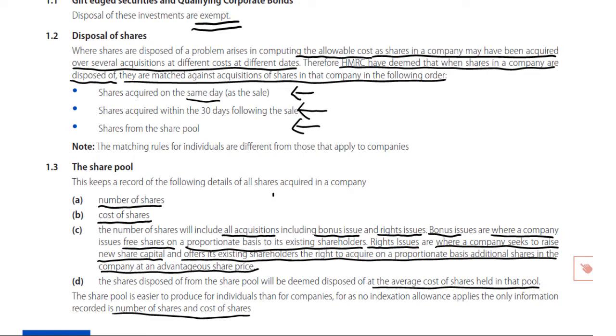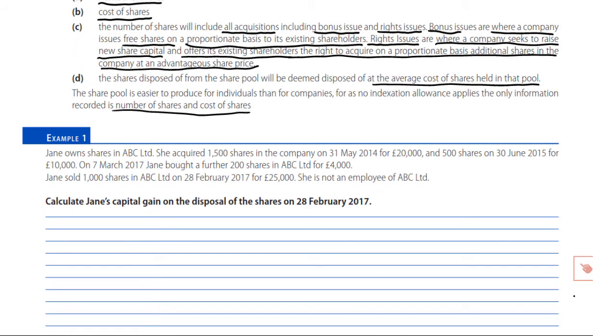Let's though look at a basic example, example 1, where they're asking us to calculate Jane's capital gain on the disposal of the shares in 2017. So we look at the way in which Jane has acquired shares over the time, from the very first acquisition through to this date of disposal. So what are we told? Jane owned shares in ABC Limited.